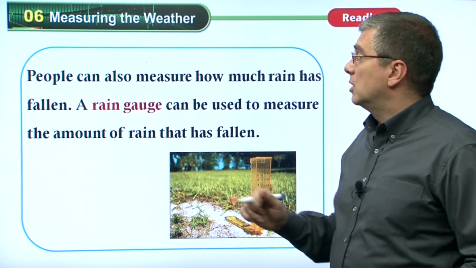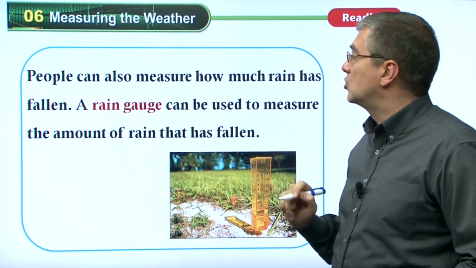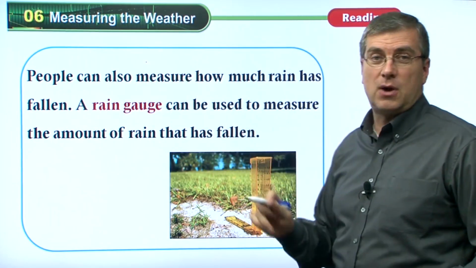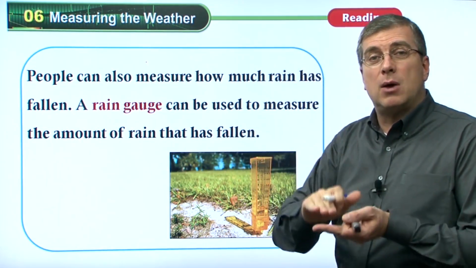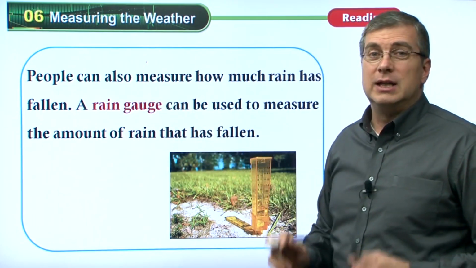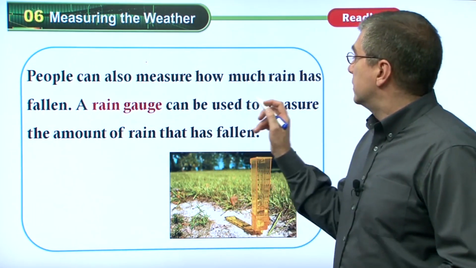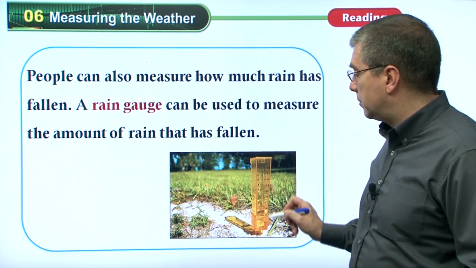Another thing we can measure is how much rain has fallen. People can also measure how much rain has fallen. So how much rain? What is the amount? A rain gauge is the tool that we use to measure the amount of rain that has fallen. Here we see the picture again.